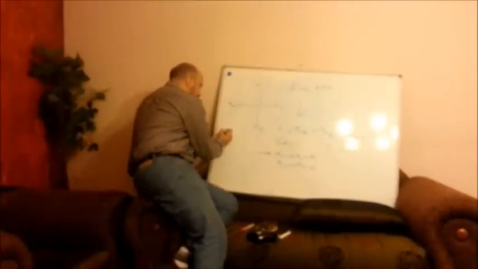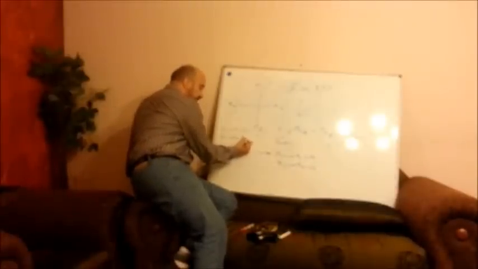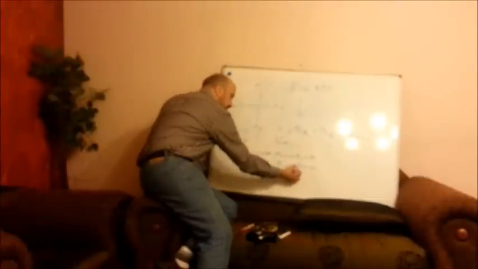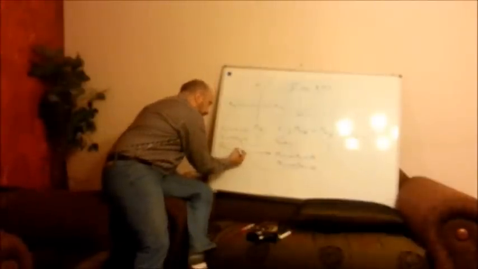Okay. M1 will become M1 plus delta. M3 will become M3 plus delta. And here the rule is different. And now M2 will become M2 minus delta, and M4 will become M4 minus delta.